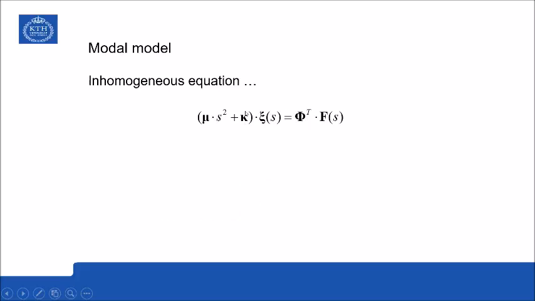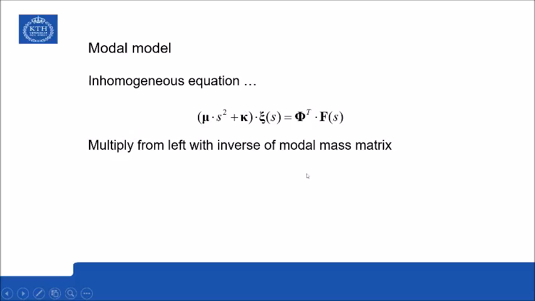So, if we continue now with the inhomogeneous equation, we multiply from the left with the inverse of the modal mass matrix in order to solve this equation. Mu inverse times mu becomes the identity matrix, and here we have the product of the inverse modal mass and the modal stiffness, and the right-hand side like this.